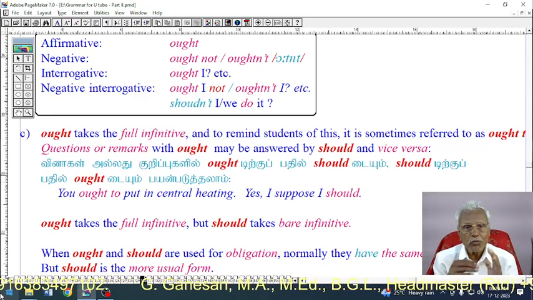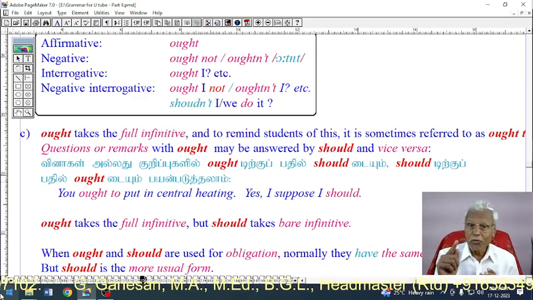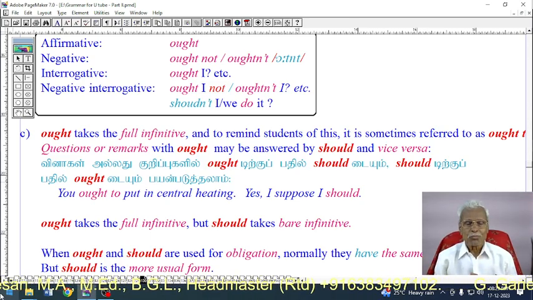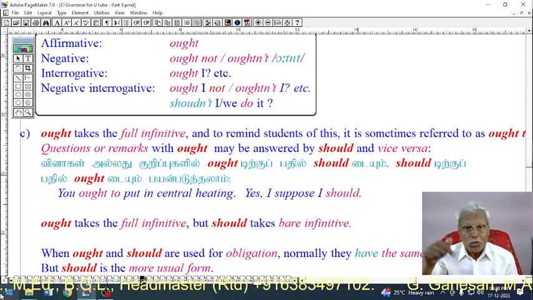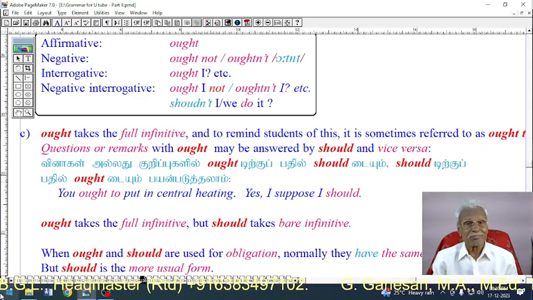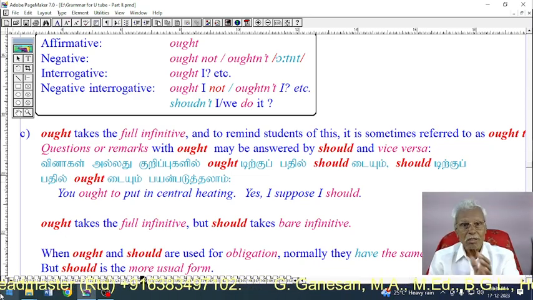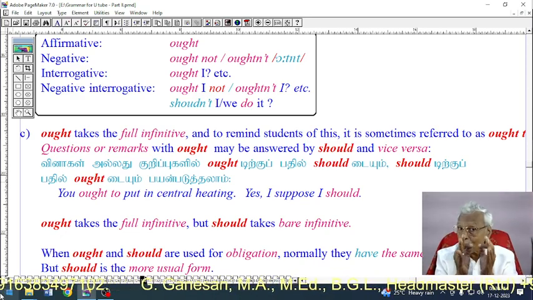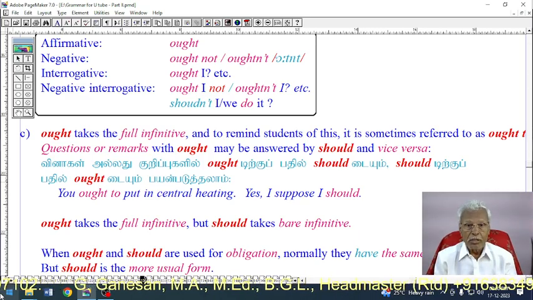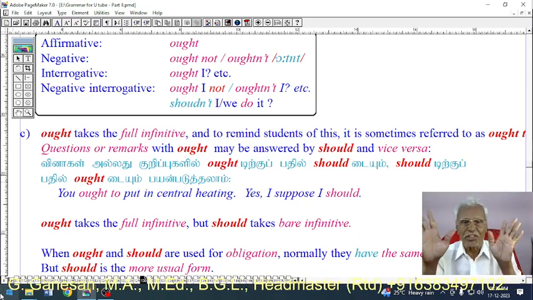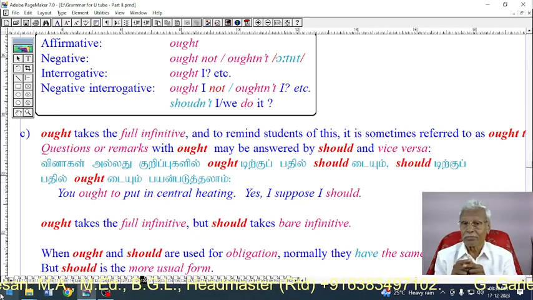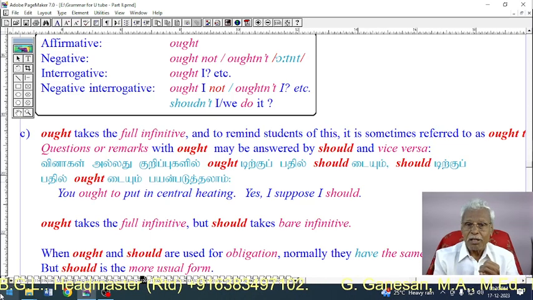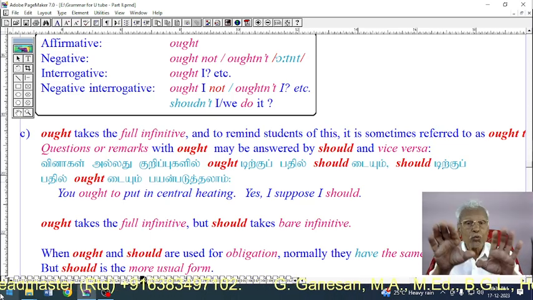When we use should, there is no to. But when we use ought, we use to. You should go, that is, it is your duty to go. So ought to takes the full infinitive, whereas should takes the bare infinitive. Now you would have understood what full infinitive and bare infinitive mean.